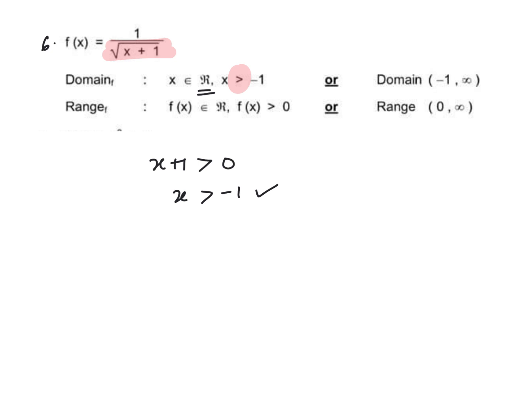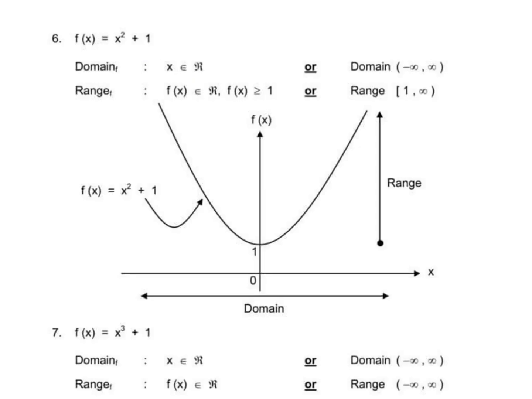For the range, it should be f(x) greater than 0 because it is still a radical function, so the range should be positive. Next we will continue with examples that involve quadratic and also cubic.